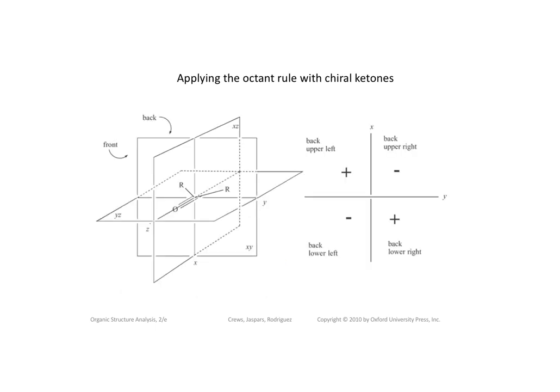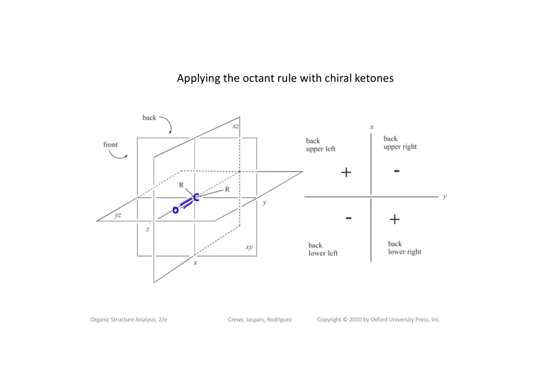The direction of the Cotton effect will correlate with the amount of molecular structure in the 8 octants of the space around the ketone chromophore. Placing the carbon of the ketone at the center of the octant, with the carbonyl coming out toward the viewer, then we can examine the 4 octants in the back.